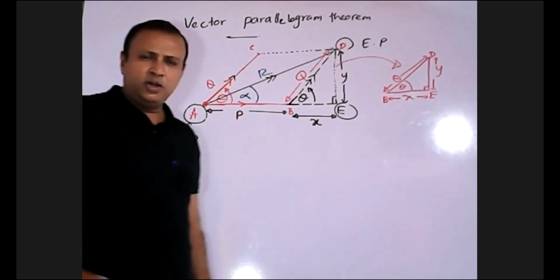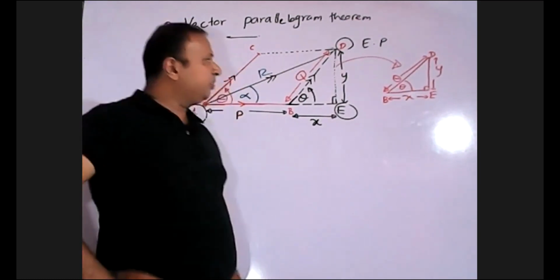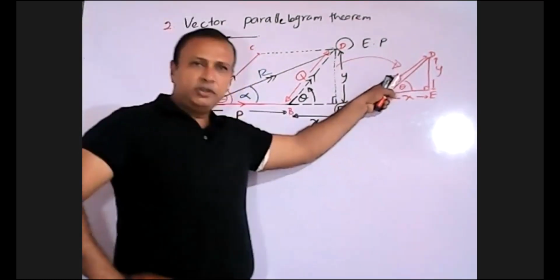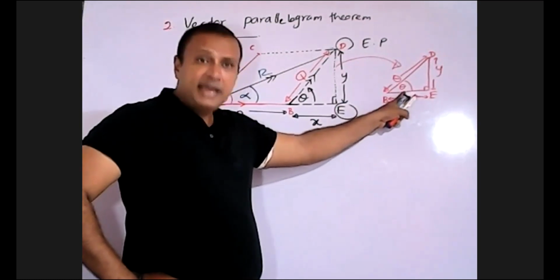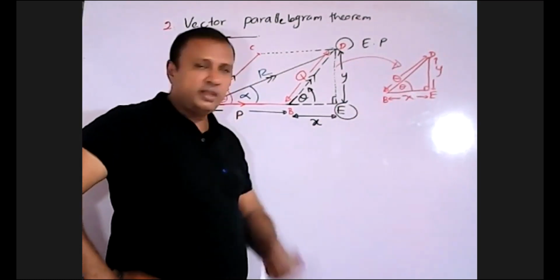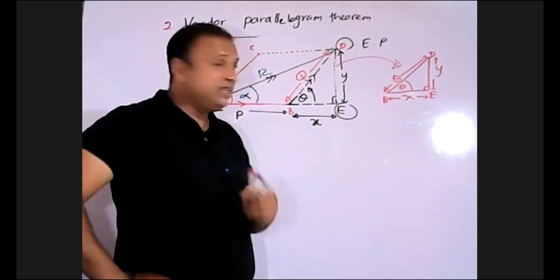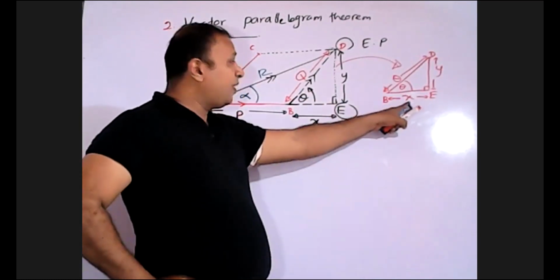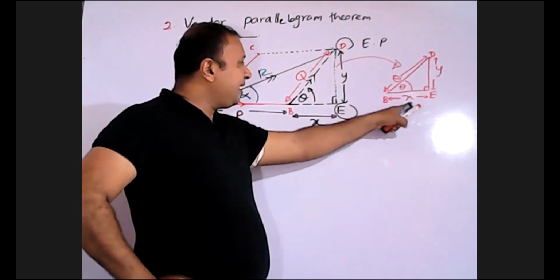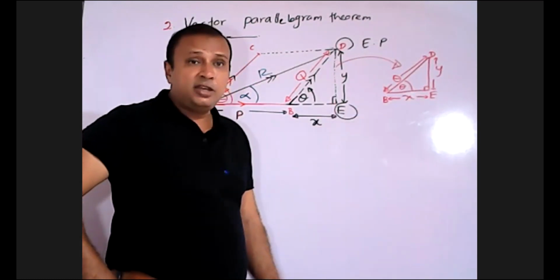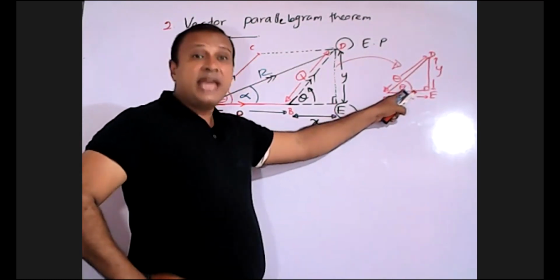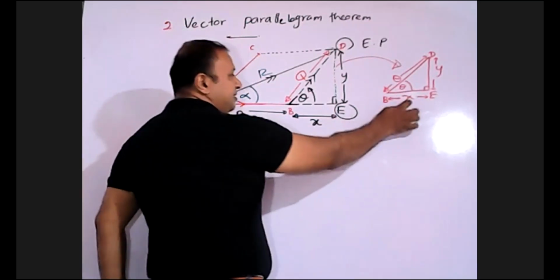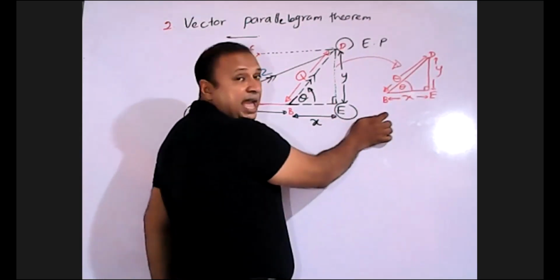You can apply trigonometric ratios, Putta, because you know the hypotenuse and an angle. Hypotenuse is q, angle is theta. If you want to find x, x is the adjacent side with respect to this angle.